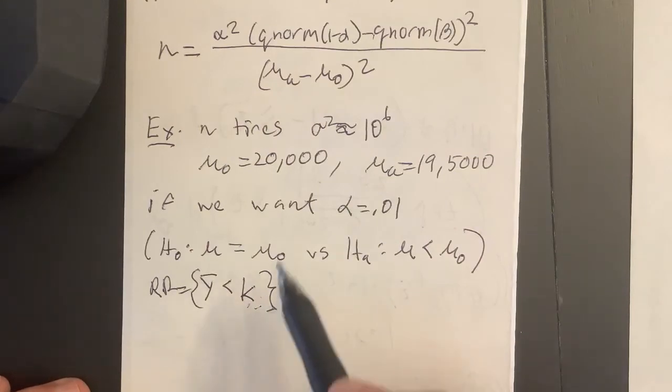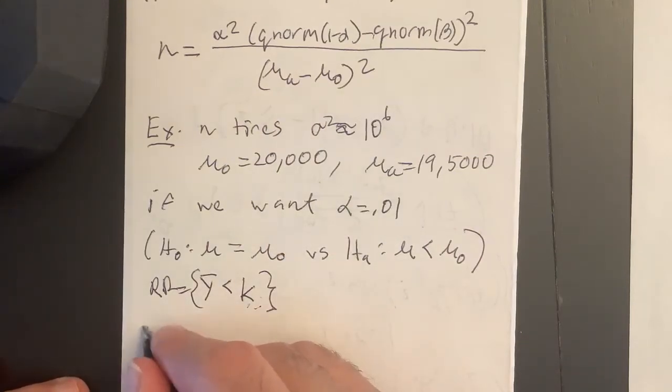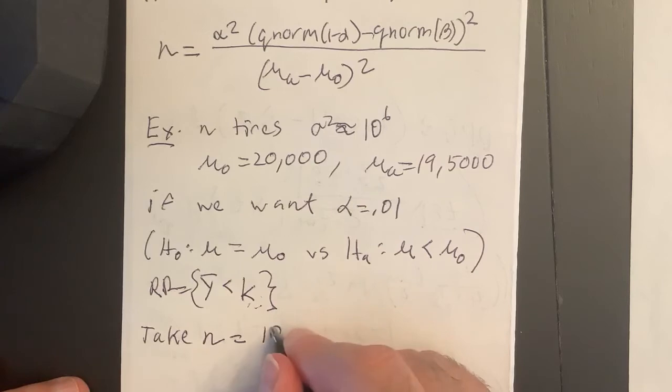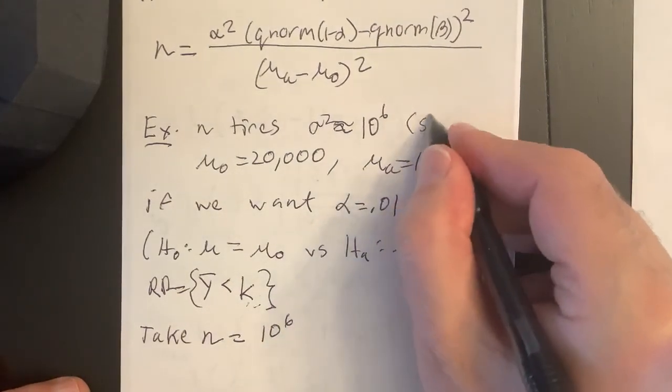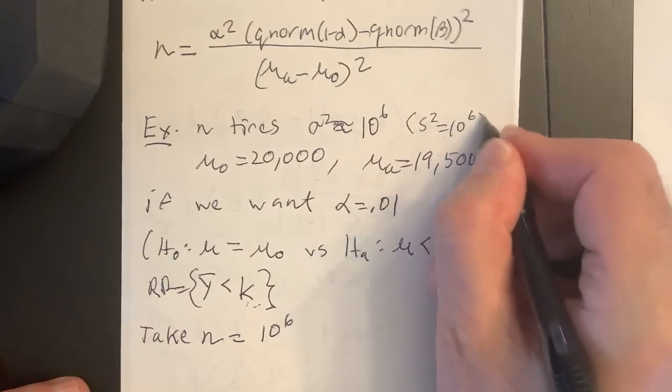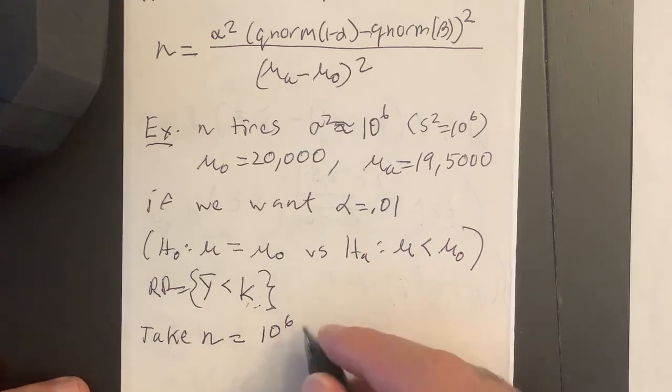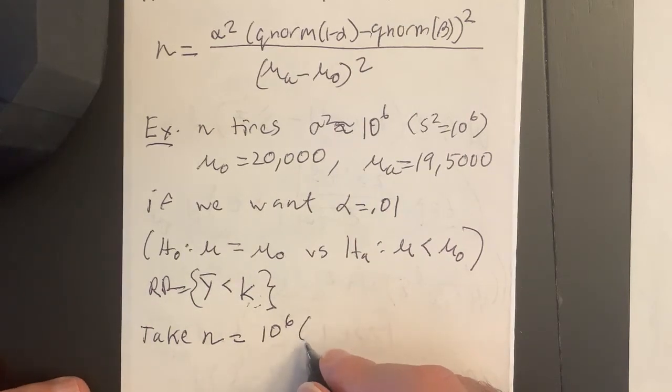So then take n equal to sigma squared, 10 to the 6th. So this was actually s squared, which was 10 to the 6th, so we approximate it with 10 to the 6th. Q norm 0.99, do you know what this is?